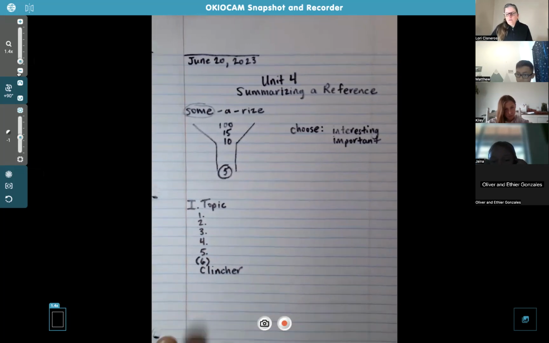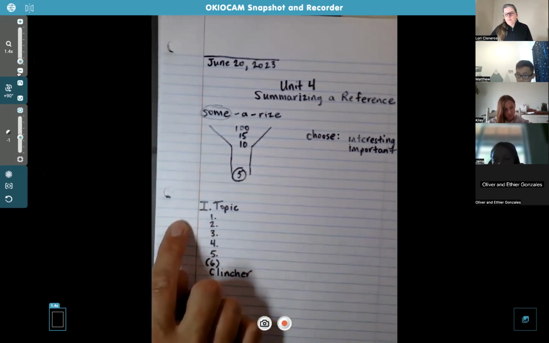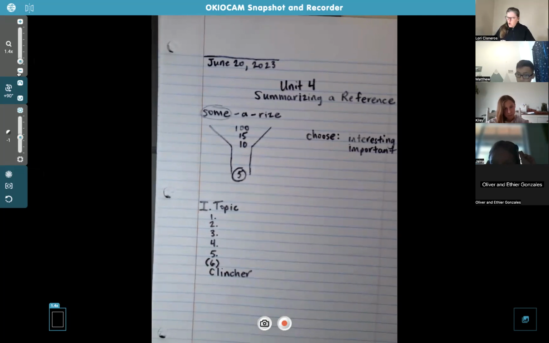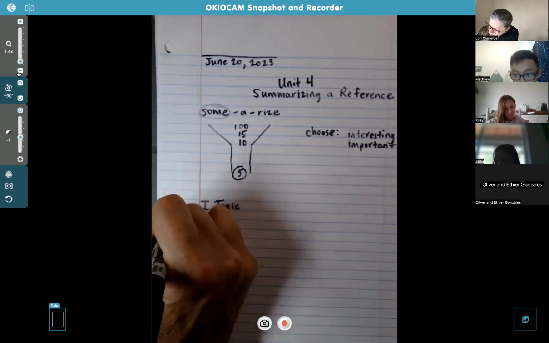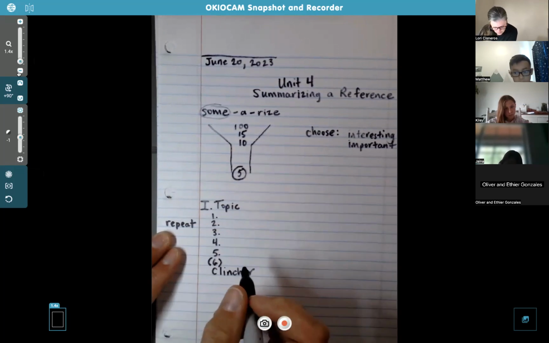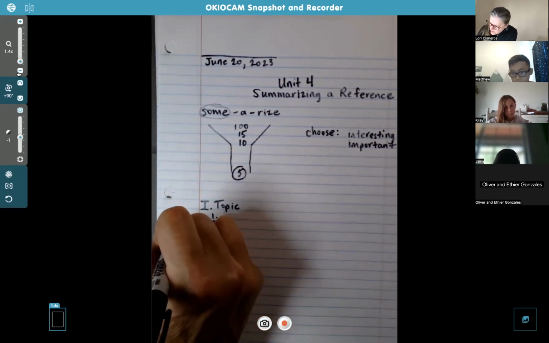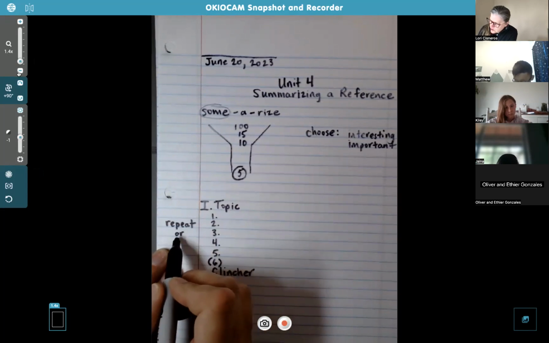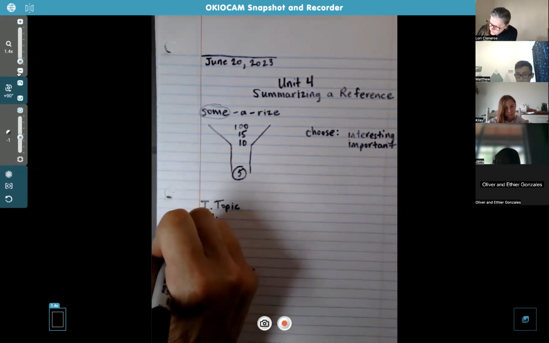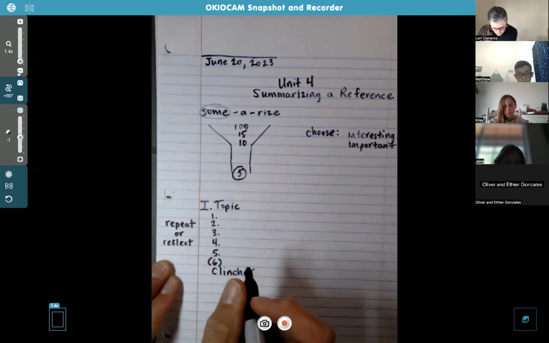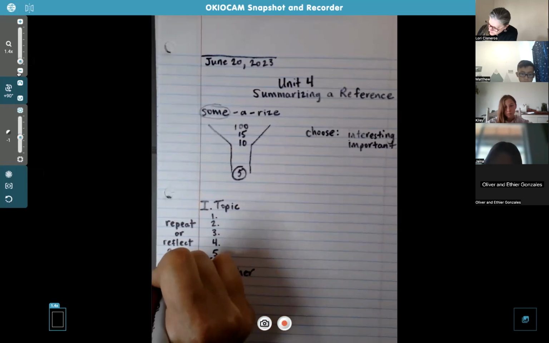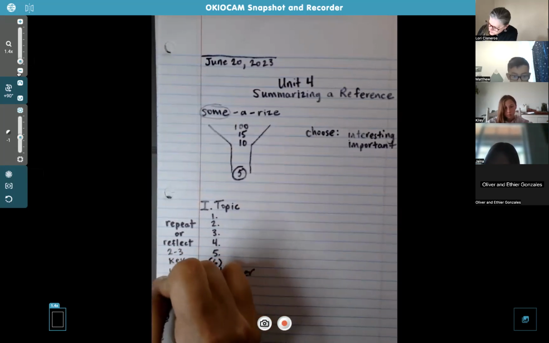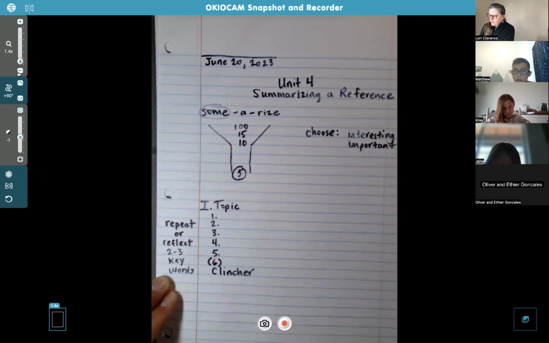So there's a couple more words I want you to write here in the margin. You're going to have to write kind of small, but I want you to write in the margin right here next to number 2, the word repeat. And then I'm going to write it out and you can copy me. Repeat or reflect 2 to 3 key words. I'll give you a minute to write that down.